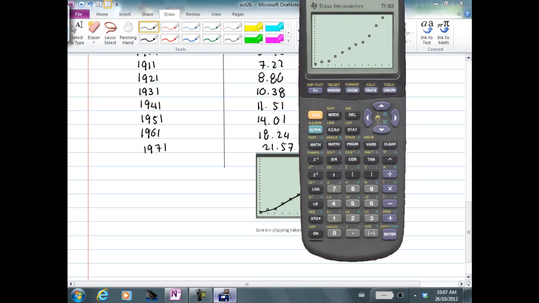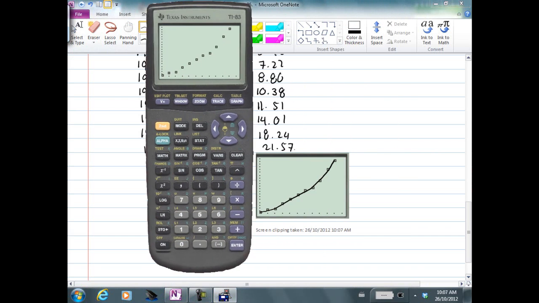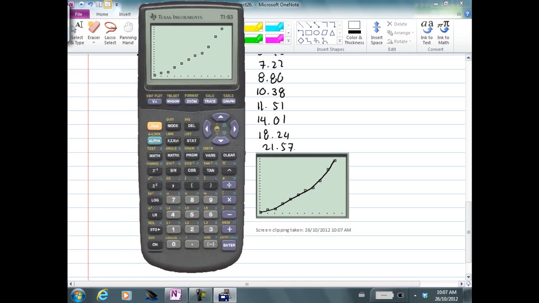So here is how we find your exponential curve. You go stat. Calculate. All the way down. Look, there's the exponential regression hidden right there. Hit enter. We'll hit enter one more time.